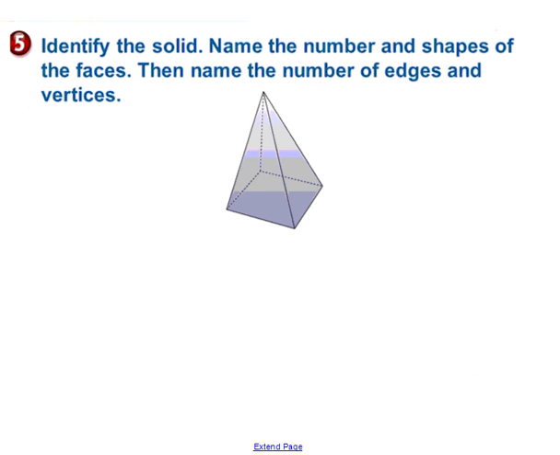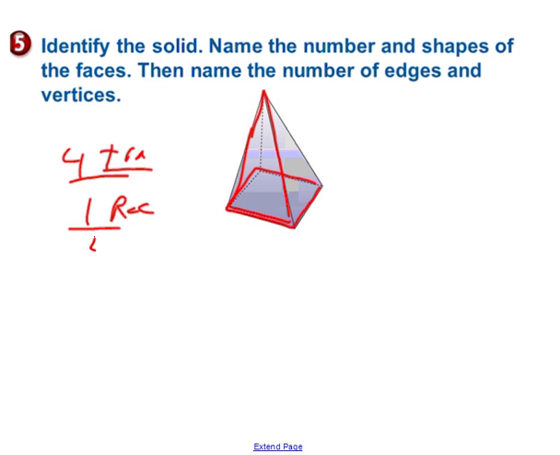Identify the solid, name the number and shapes of the faces, then the number of edges and vertices. Well, this is a rectangle across the bottom. It is definitely a pyramid, so it is a rectangular pyramid. The sides here are triangles. So there are 1, 2, 3, 4 triangles. 4 triangles, 1 rectangle.